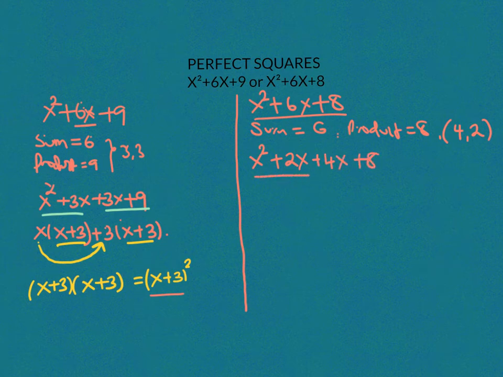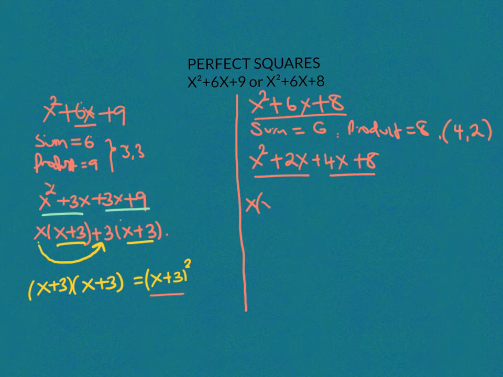So again, we are going to factorize the two expressions separately. Considering the first half of the expression, you can see that x is common, so we can have x factored out.